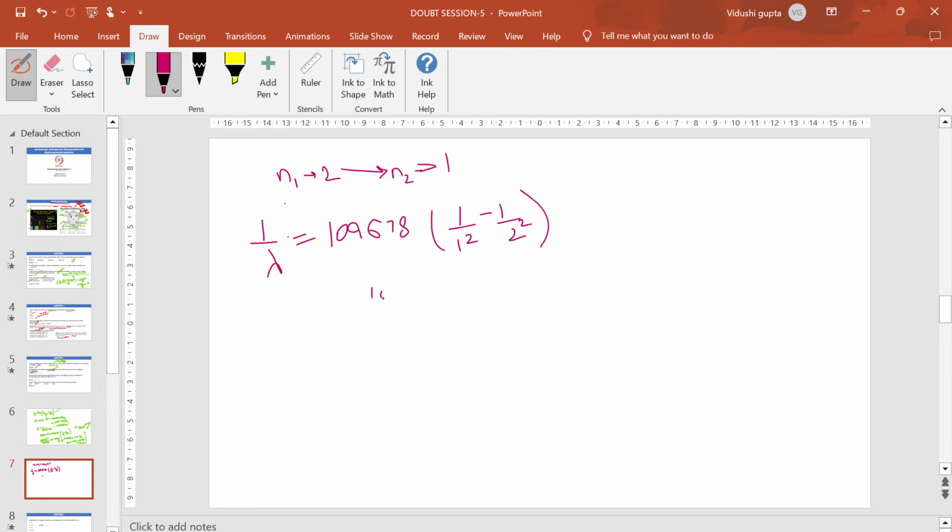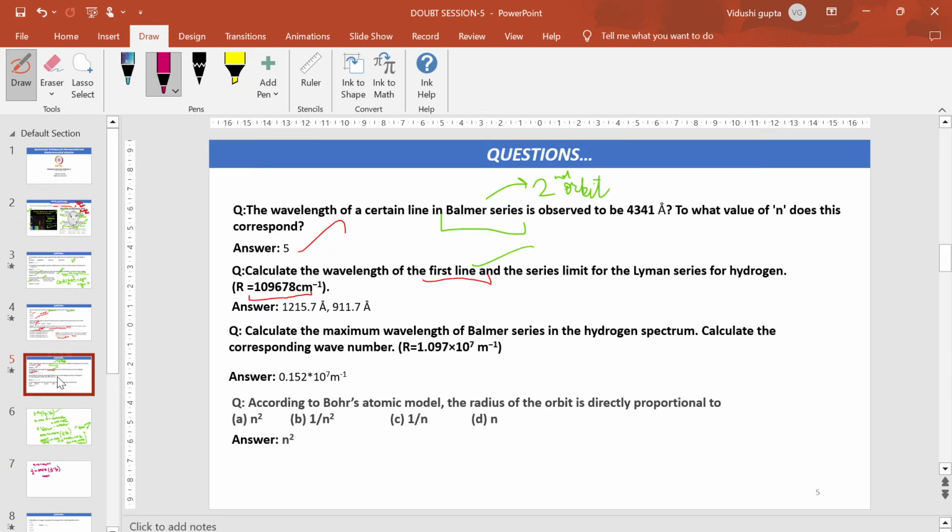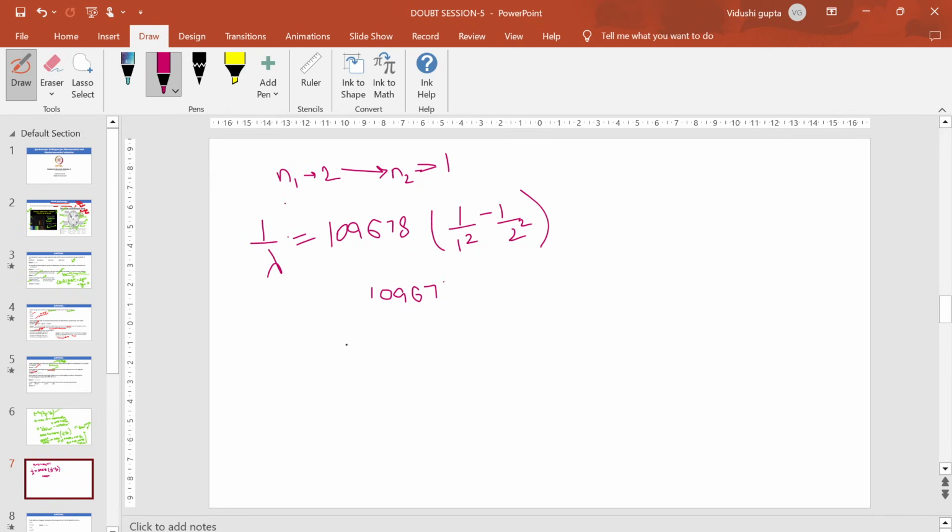So it will be 109678 into 3 by 4. After solving it, it will become 1.215 into 10 minus 5 centimeter.